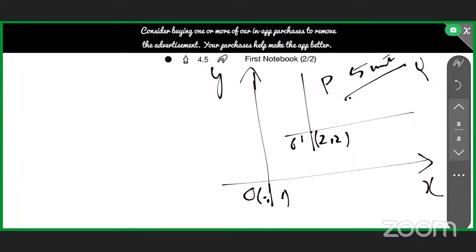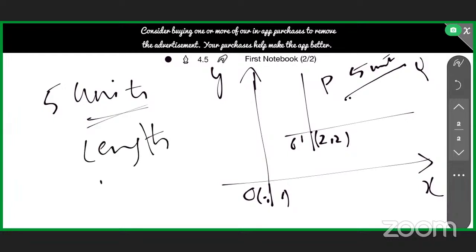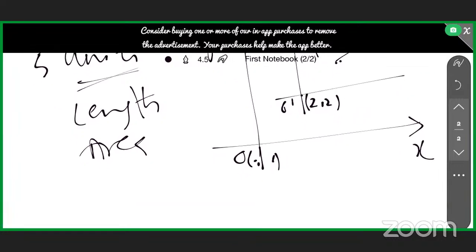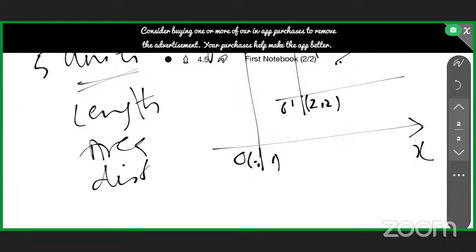5 units, same, sir. Very good. 5 units only. Because in the beginning of the theory itself, in the transformation of equations, whether it is rotation or translation or general transformation, I told you the length, area, curve and angle will never change.